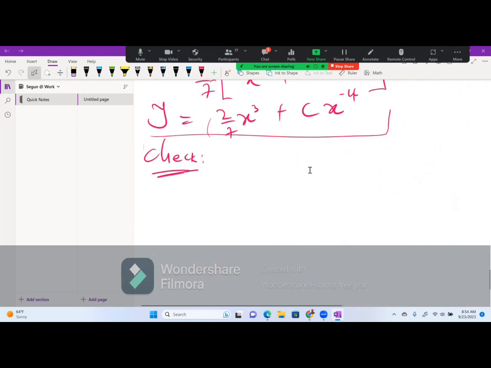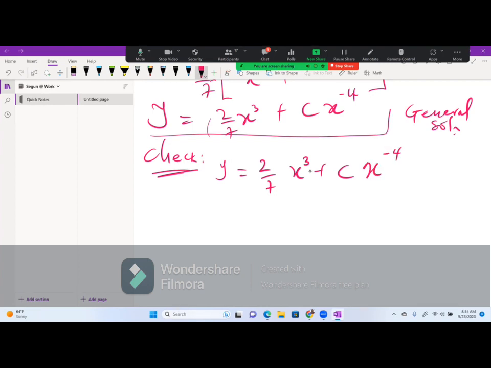Let's do it. We have y prime equals, how do we differentiate this? This is our general solution, y equals 2 over 7 x cubed plus c x raised to the power minus 4. We want to prove that we are going to have 2x raised to the power 3. If you want to differentiate, y prime will be what?